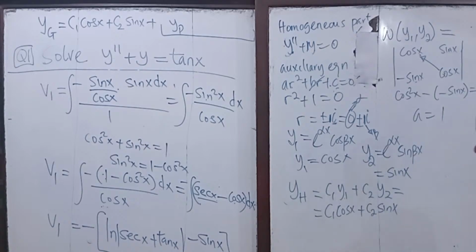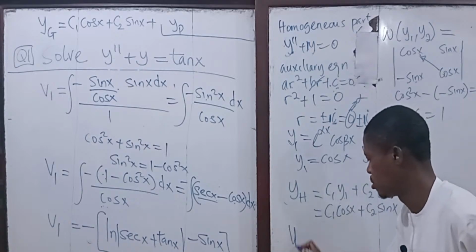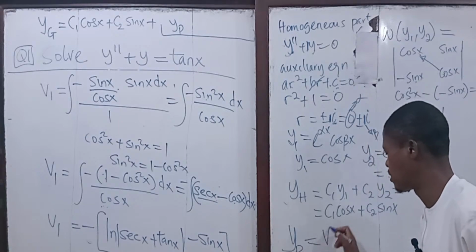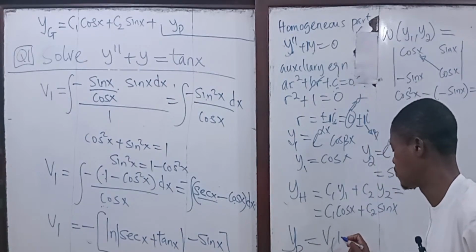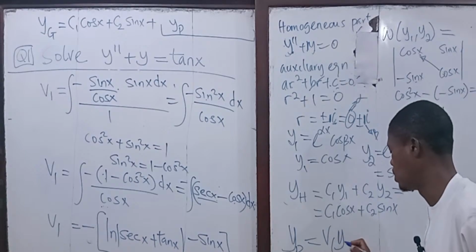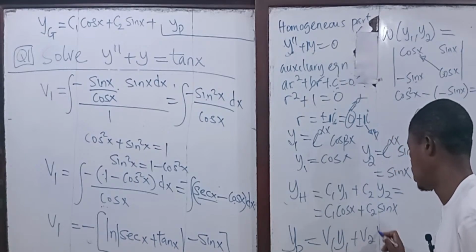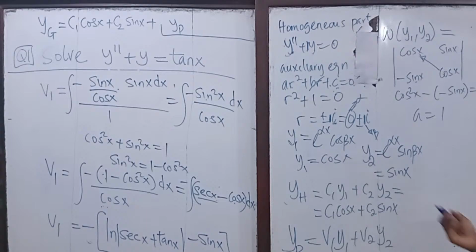Okay, then we can now get the particular solution, y of p, which has this formula: v1 y1 plus v2 y2. V1 has a formula. That's the formula for V1.